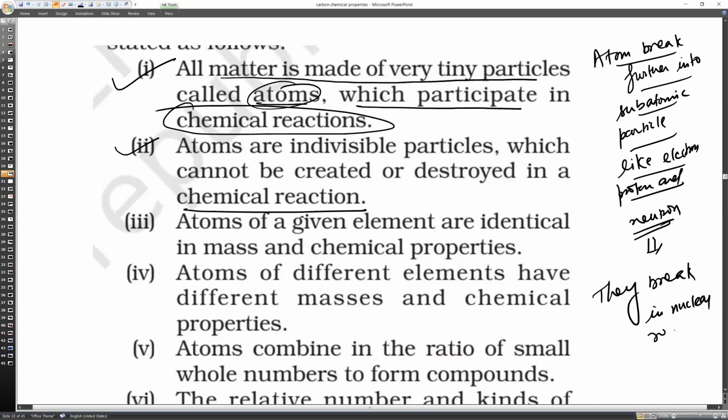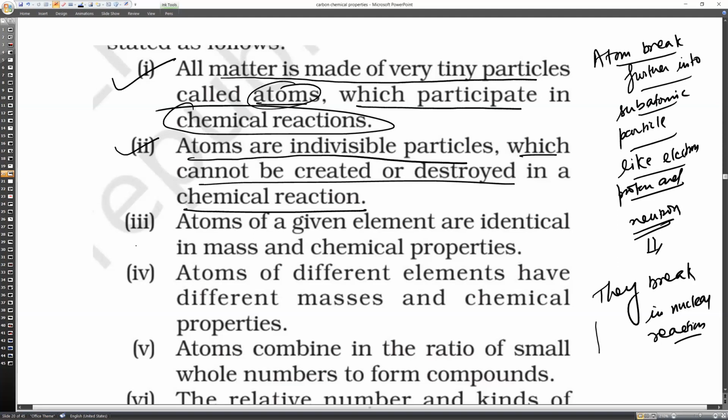And in a nuclear reaction, the laws of chemical reactions do not hold. Like in a chemical reaction, you say that mass can neither be created nor destroyed. But in a nuclear reaction, mass can be converted into energy. Mass can be destroyed. So if you are talking about chemical reactions, atoms are still indivisible. Atoms do not break in chemical reactions, they remain the same.